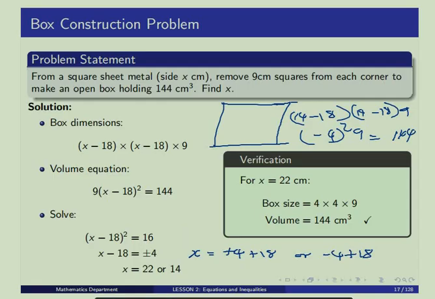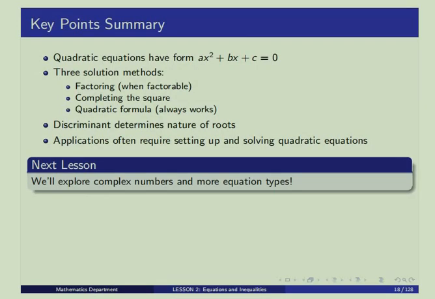Then in conclusion, we are saying that the quadratic equation has a form like this, and then we covered 3 solution methods. The first one was factoring, then completing the square, and then the quadratic formula. And then you can graph, if you have a graph or sketch.